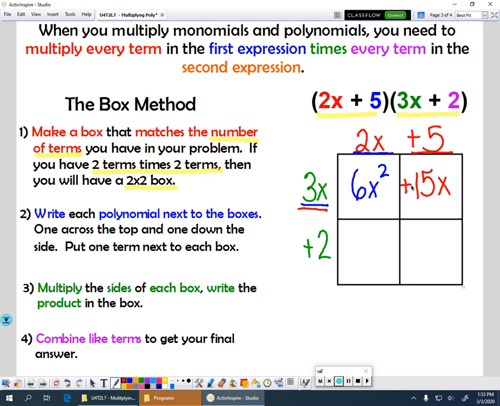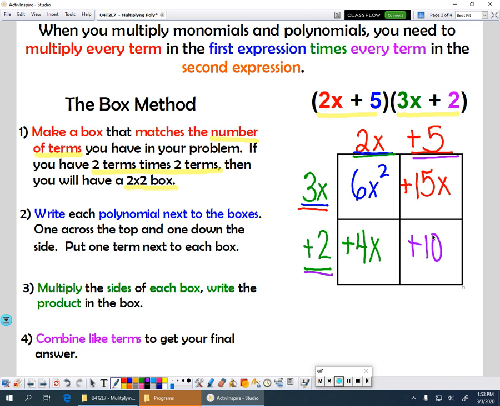And I'm going to put a plus sign in front of it because it's a positive 15, because we've got positive 3 times positive 5. So here I have 2 times 2x. 2 times 2 is 4, so that's going to give me 4x. And then finally, in this last box, I have 2 times 5, and 2 times 5 is 10.